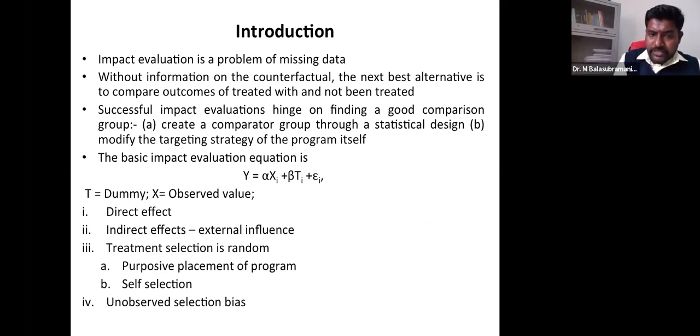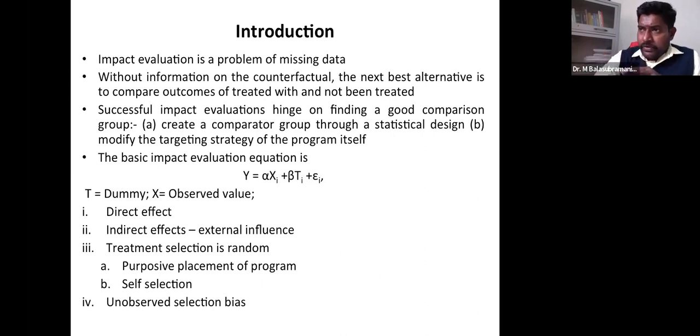If you are not addressing this, it leads to selection bias. For example, the intervention is a new seed variety which has a very good yield and has awareness campaigns run by extension workers, to evaluate the impact of this newly developed seed.